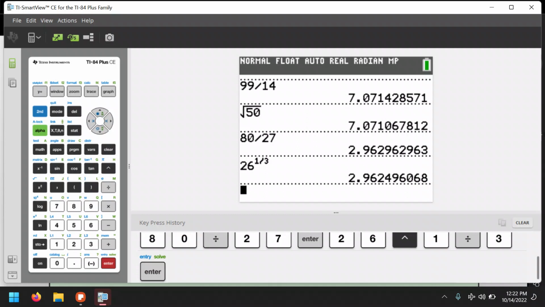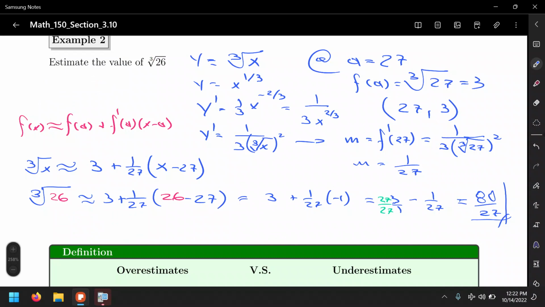However, like I mentioned before, when you get to calculus 2, you're going to expand this linear approximation and add more terms, a quadratic term, a cubic term, a quartic term, quintic, many more terms to make this approximation even better and closer to the actual value.